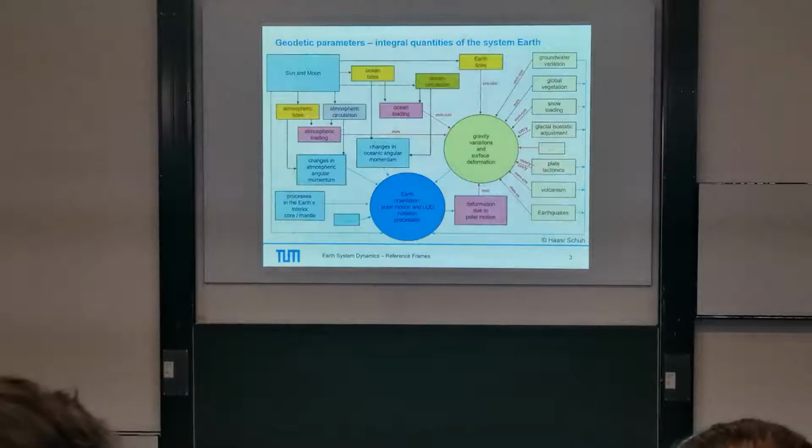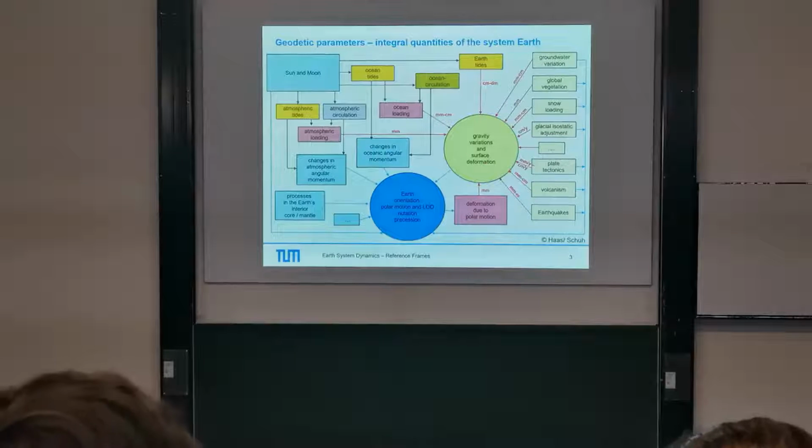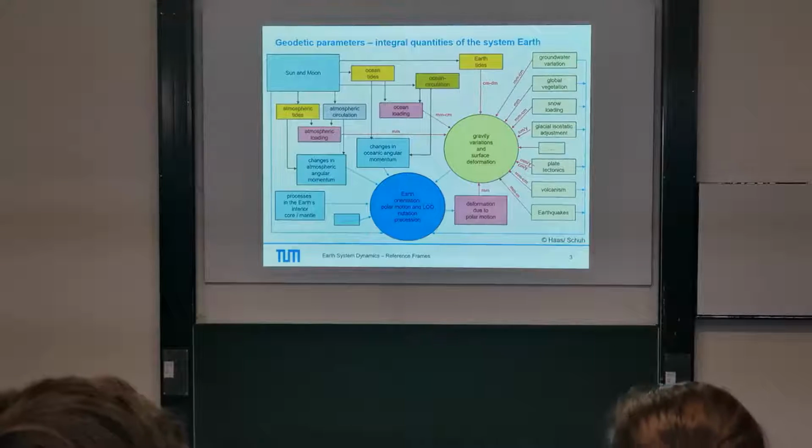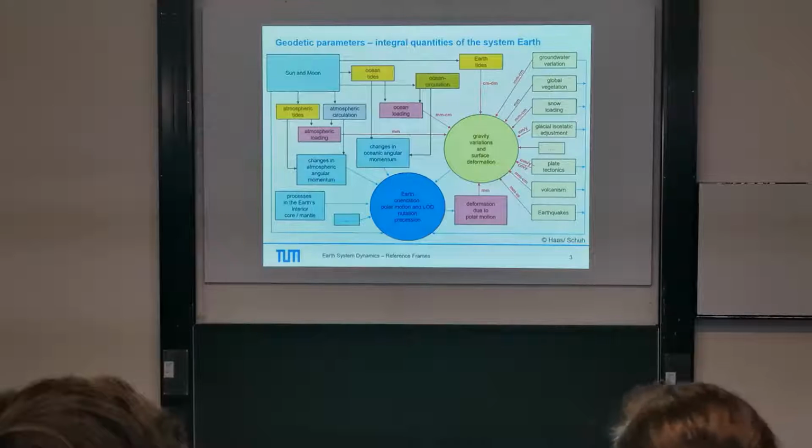First of all, I want to go back to this kind of complex slide we had during the last lecture, where we have the gravity variation and surface deformation on the one hand side, the Earth rotation on the other hand side, and then the impact of the different geophysical effects on these quantities, which can be measured by geodesy or geodetic space techniques.